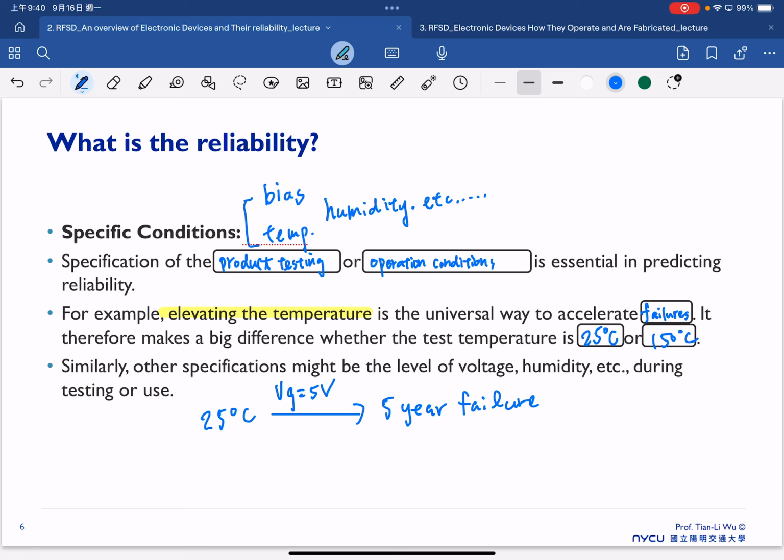But of course, if you try to qualify this device by reliability testing, it's not possible to stress this device for 5 years. So usually we will start to do acceleration testing. One of the easy ways to do accelerated testing is to stress the device at a high temperature.